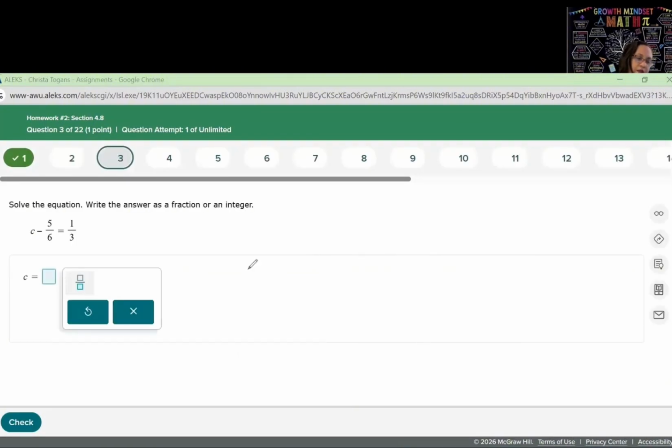And then this time, all I have to do is add 5 over 6 to the other side. So I just add 5 over 6 over here.